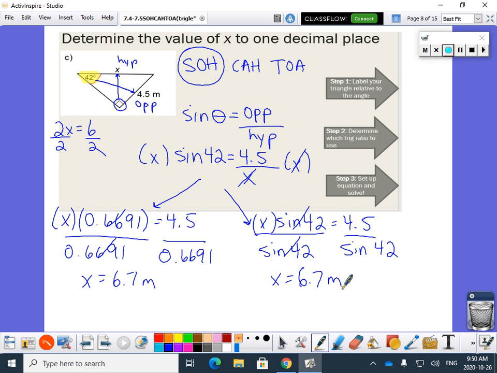So another way to do it is you can flip both fractions and then carry on that way, but I feel like that's a little bit more complicated, and I feel like that's the last way that we use. Do you want me to write it down? Are these first two ways okay for you guys? It would still work, but I feel like it would be the last way I would use. So, we're good. Okay, next.